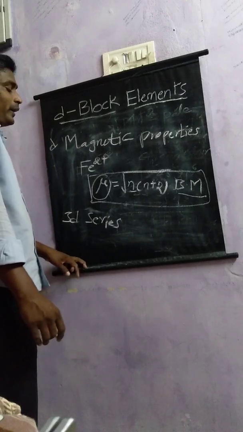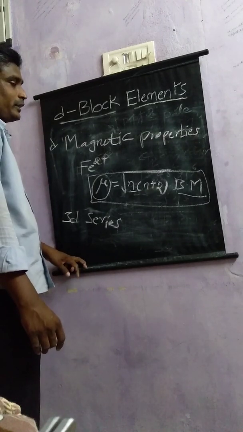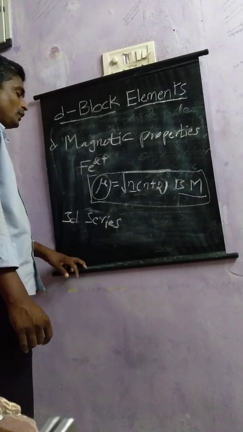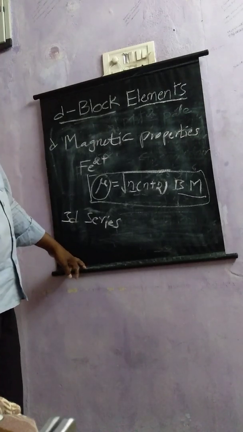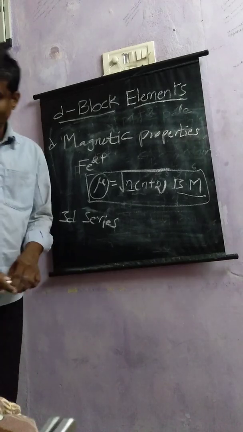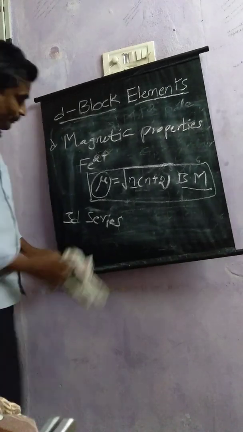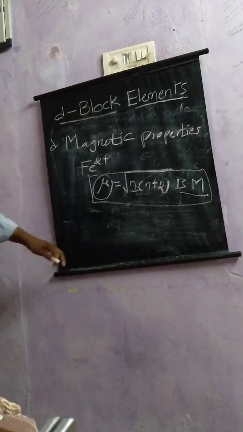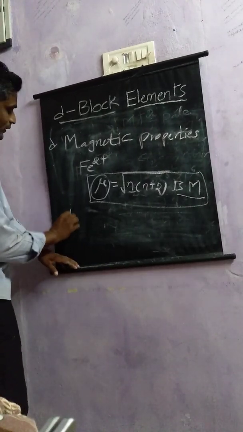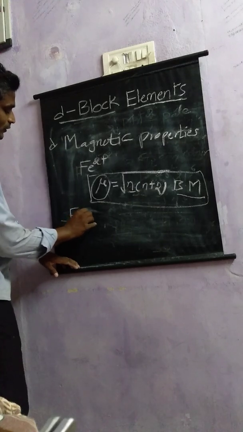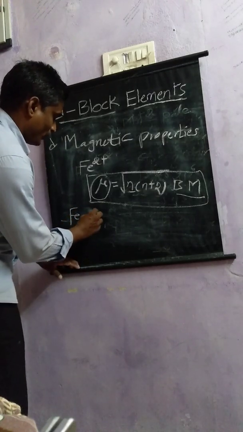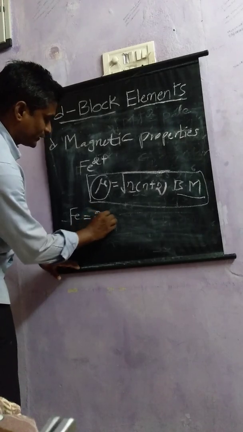Let us take the case of Fe2+. Here Fe, we know very well, means ferrum, also known as iron. So the iron atomic number is 26.